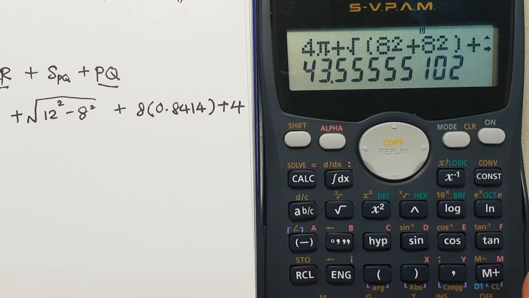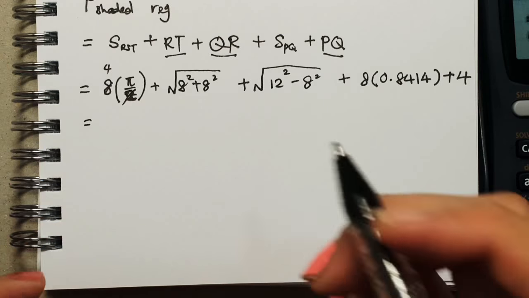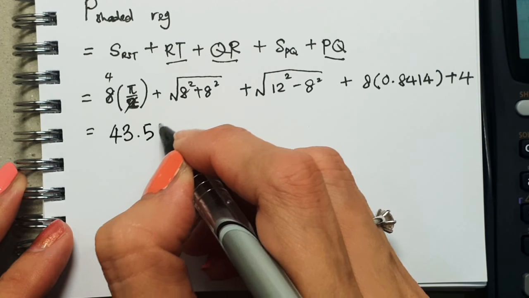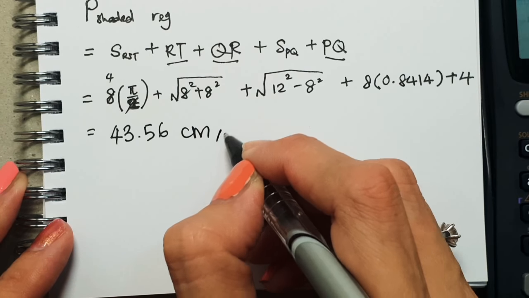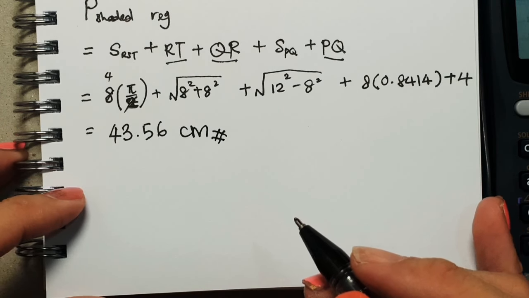So that will be our answer, 43.56. Round it to 4 significant figures, 43.56 cm. Okay, so that is part 2.